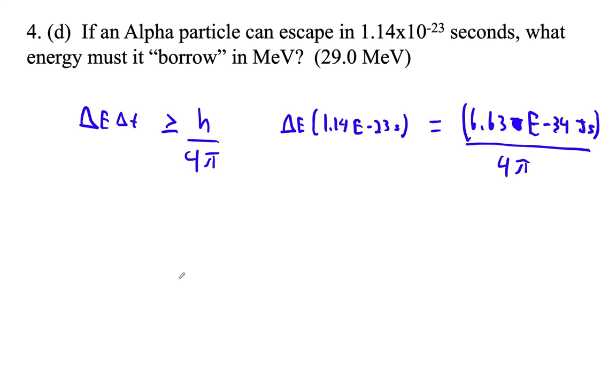And I get that the amount of energy is 4.628 times 10 to the minus 12th joules, which is a handsome amount of energy. Let's divide by 1.6 times 10 to the minus 19th. This will turn it into electron volts.